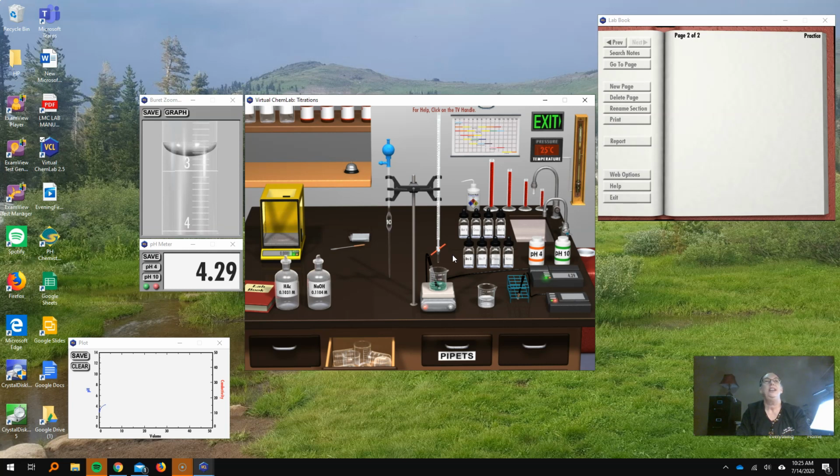So now you're going to see the change in the graph. We were at the half equivalence point for the green change, and now we're going to change to blue. It's going to take us a little bit.